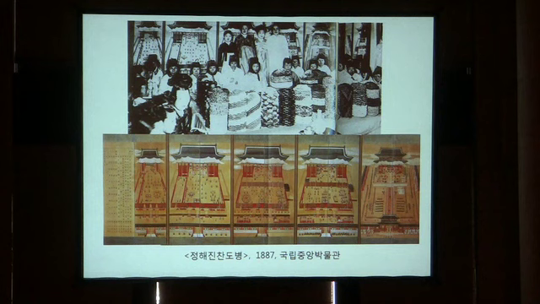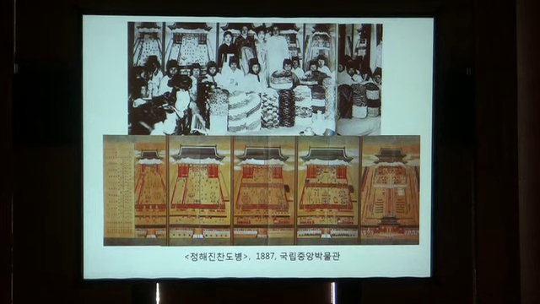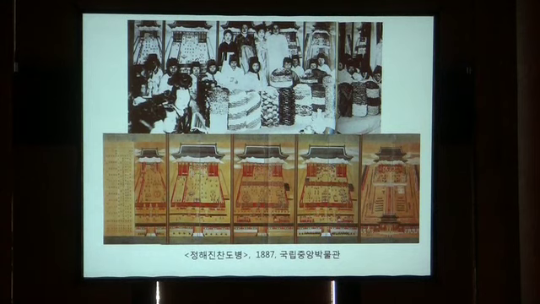And then I want to show you this picture. This is the banquet screen that we saw earlier, but look at this photograph of the late 19th, early 20th century. Photography came to Korea at the end of the 19th century from Japan and Shanghai.